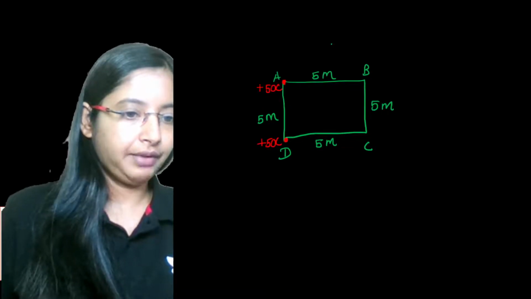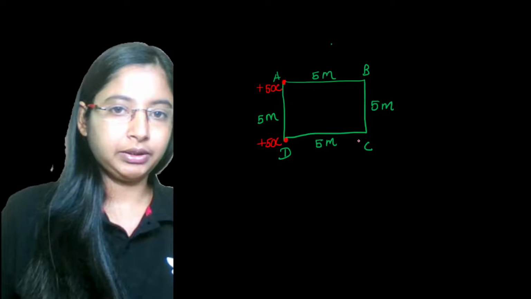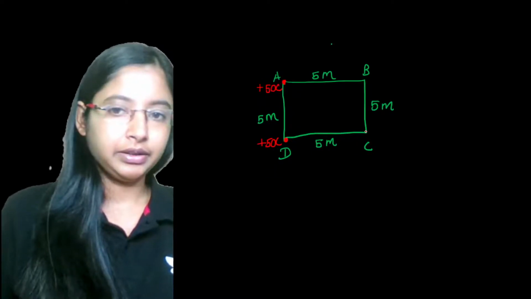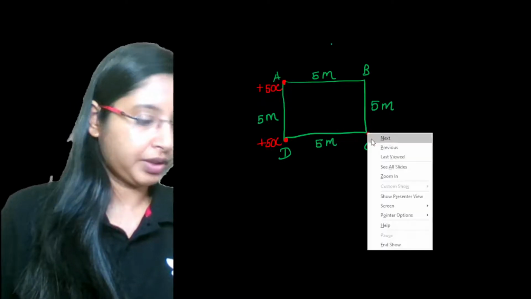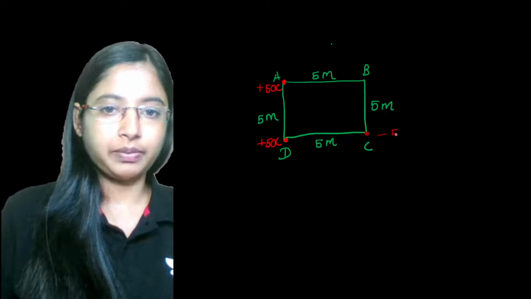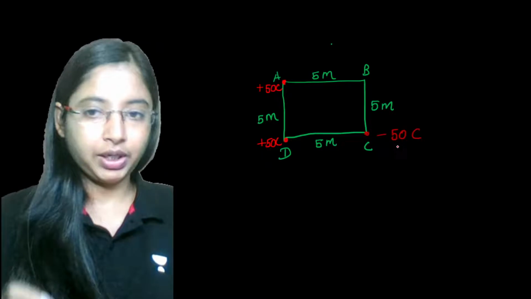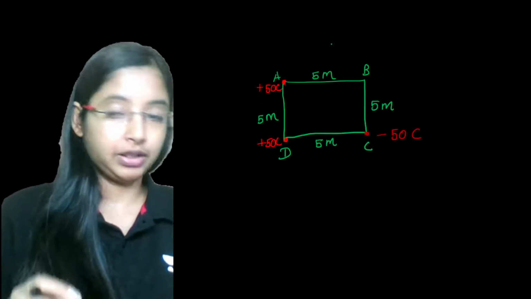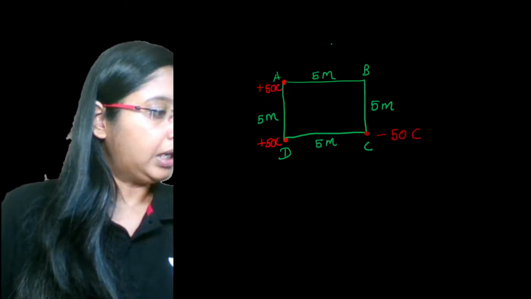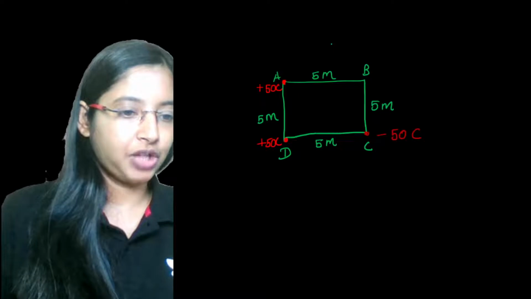Now we have another charge at another end, and the charge placed at this place is minus 50 coulombs. 1 coulomb of charge is already too high, so 50 coulombs is a very high charge value.